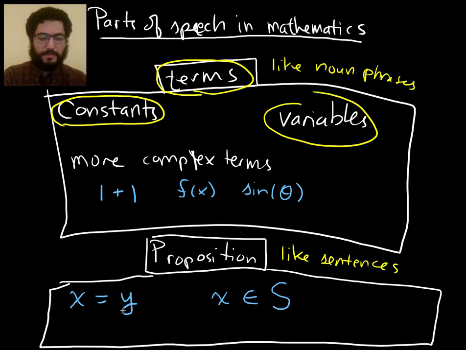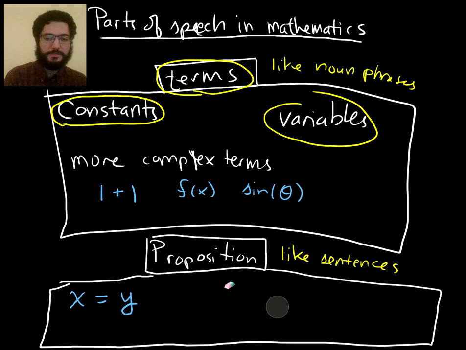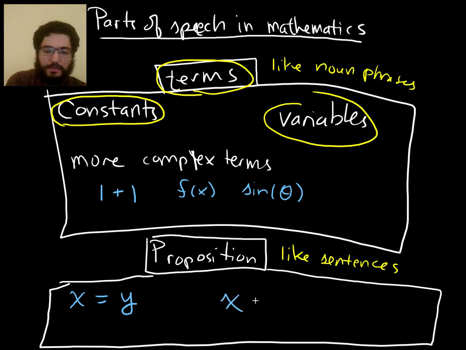Okay, I want to show you just one more example of a proposition before ending this. So here you see a proposition that's built out of terms, right? There are also ways of building propositions out of other propositions. So let me give you an example. Here's a proposition, x equals y. Here's another proposition, x equals 7.